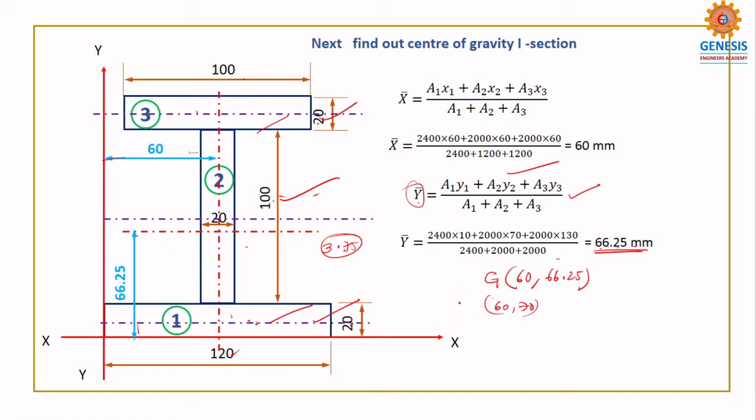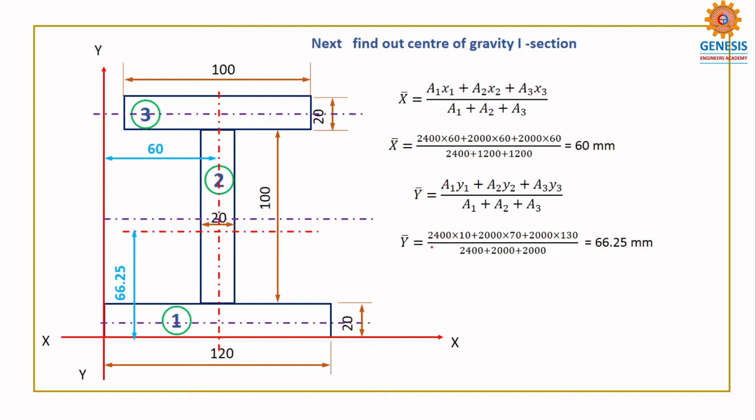No need to calculate all these things. You can simply write by symmetry, the center of gravity lies at 67. You can skip all these things. Okay, right. I hope you are following me.